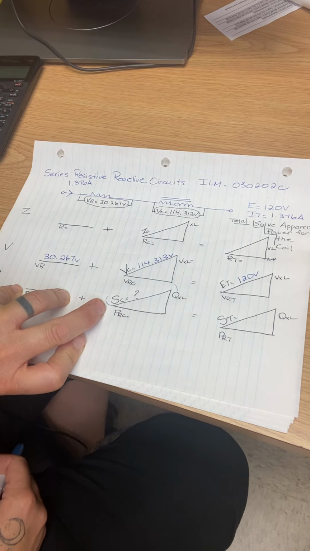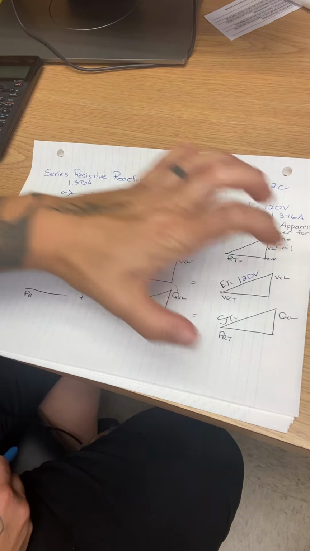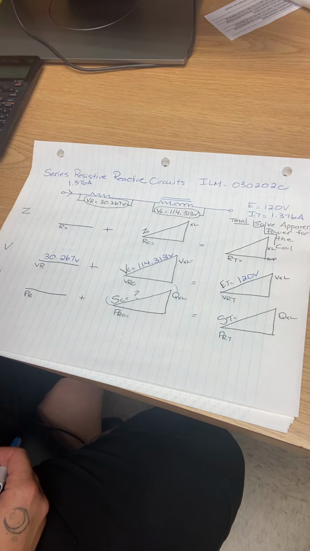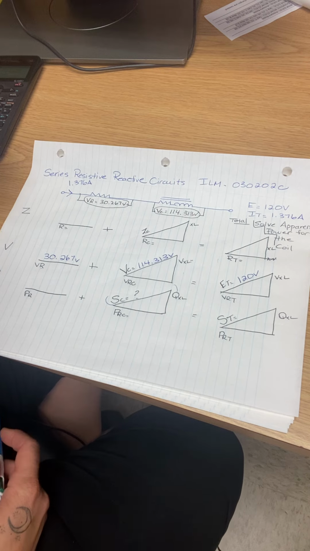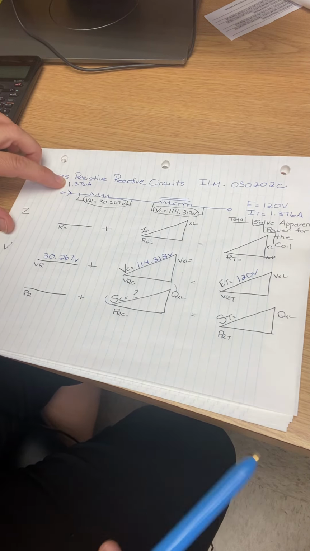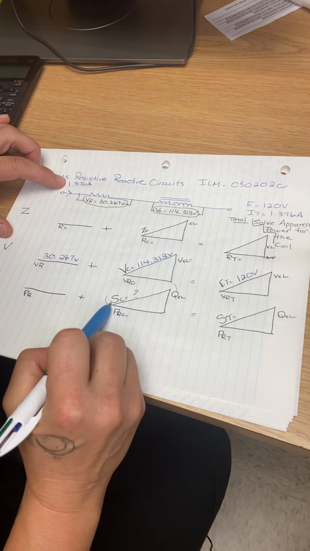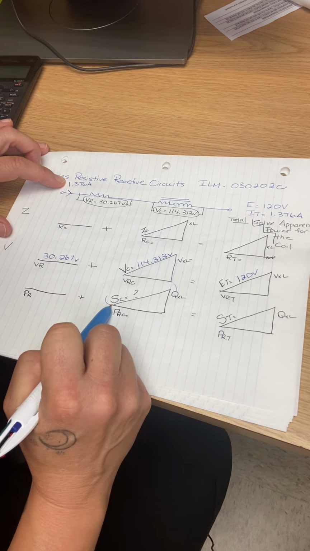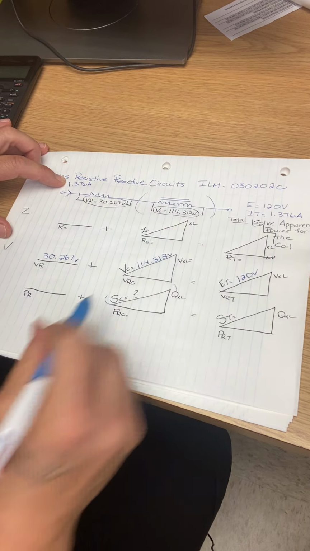That's what we're looking for. So now I've taken all the information that was given to us in the circuit. I've populated it in the correct placement for the triangles. I have the current that's flowing through the circuit. Therefore, I have the link between the triangles. So I want to find the apparent power that's being produced by the coils solely.